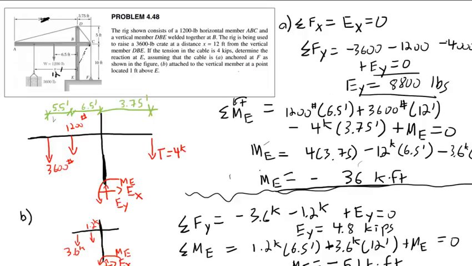The reaction moment is the moment you need to apply to prevent it from moving. So the forces on here, without the reactions, have a tendency to cause a counterclockwise rotation. But if we want to stop that, we're going to have to apply a clockwise rotation. In other words, the reactions are the forces that need to be applied at the support points to prevent the object from moving under the forces that we've drawn on the free body diagram.